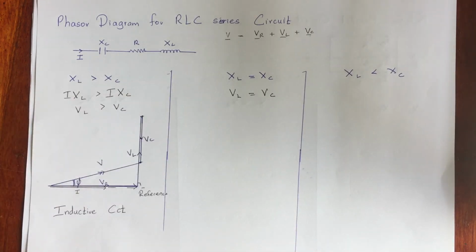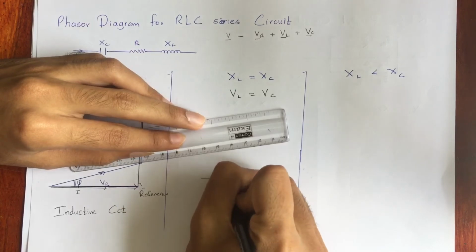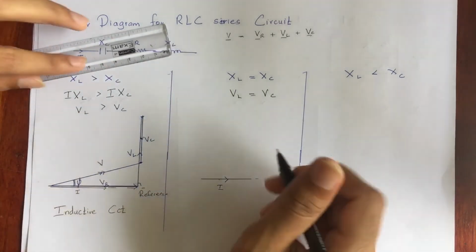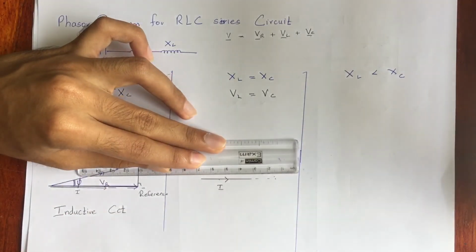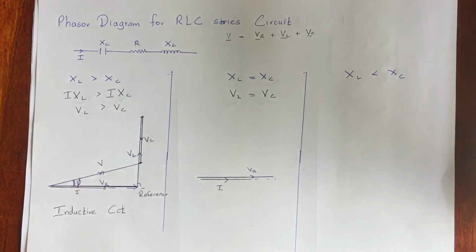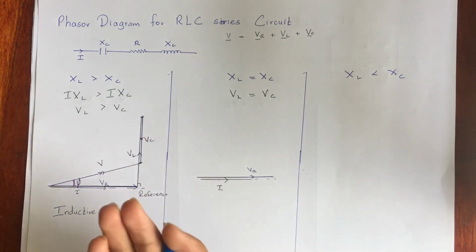So now I'm going to draw the phasor for these. I'm going to draw I first. And if I draw VR, it's going to be in this direction. And we need to draw VL. You can also change the order of these two.